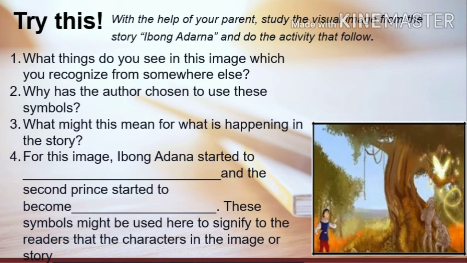Why has the author chosen to use these symbols? What might this mean for what is happening in the story? For this image, Ibong Adarna started to blank and the second prince started to become blank. These symbols might be used here to signify to the readers that the characters in the image or story.